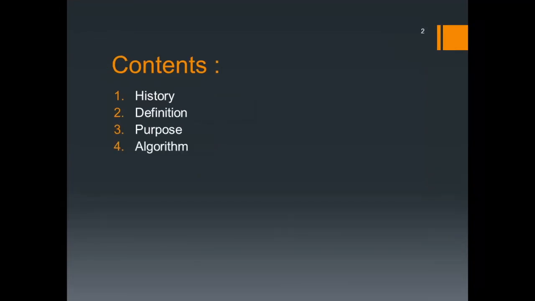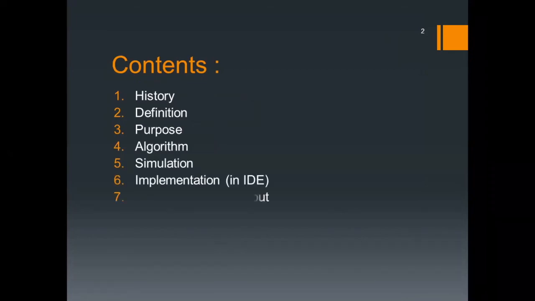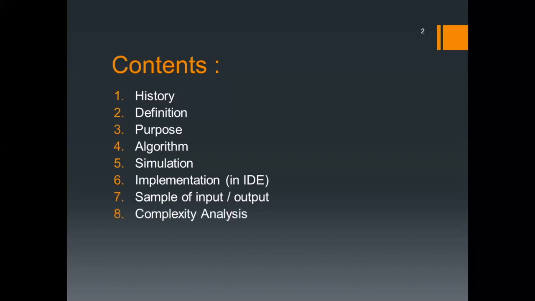After that, I will discuss the details of this algorithm, and then we can see the simulation and then implementation in IDE. After that, we can see the sample input and output, and then I will discuss complexity and then the conclusion, and finally we can see the references.